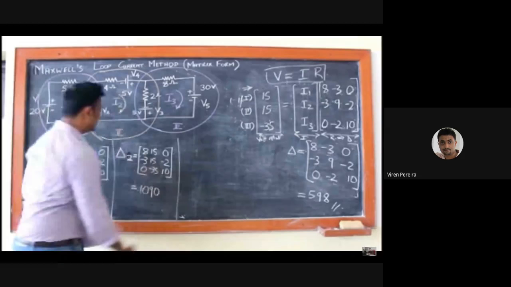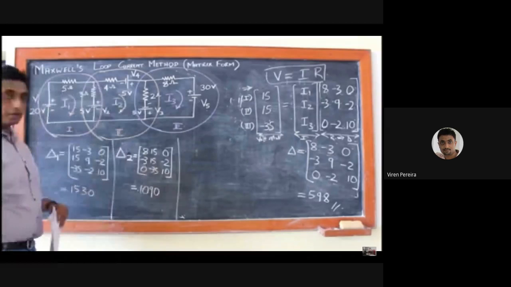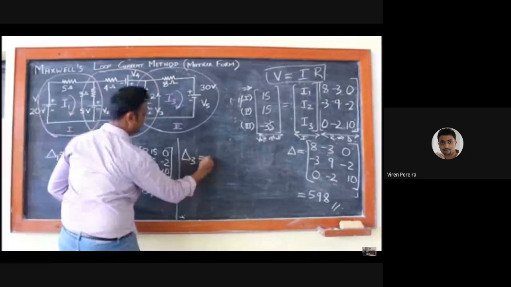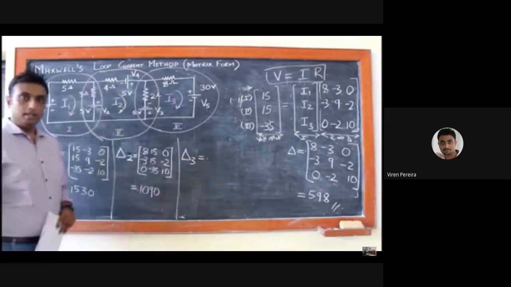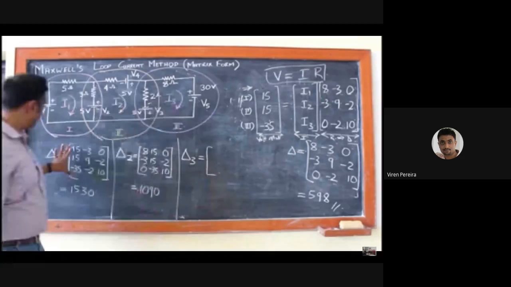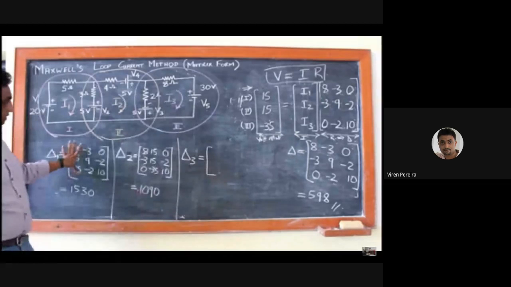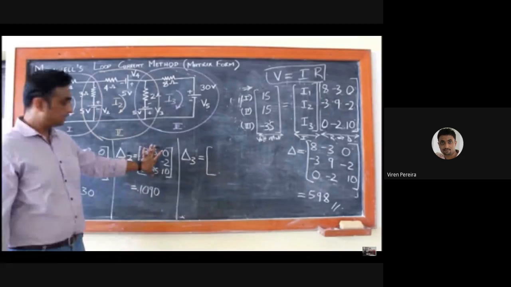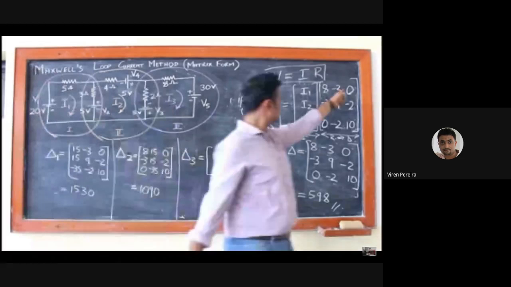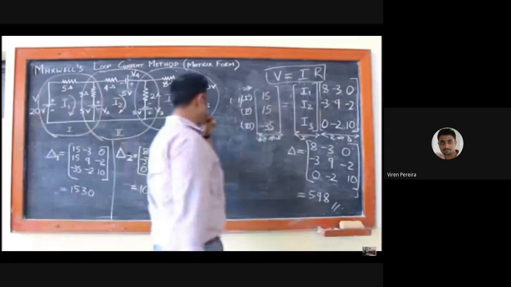And in the same way, how I found out delta 2, I have to find out delta 3. Now, first column is replaced, second column is replaced. So for delta 3, you have to replace the third column with the voltage matrix.